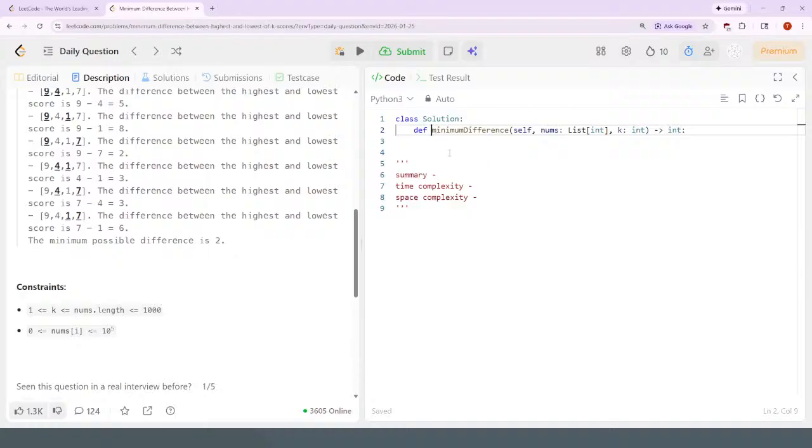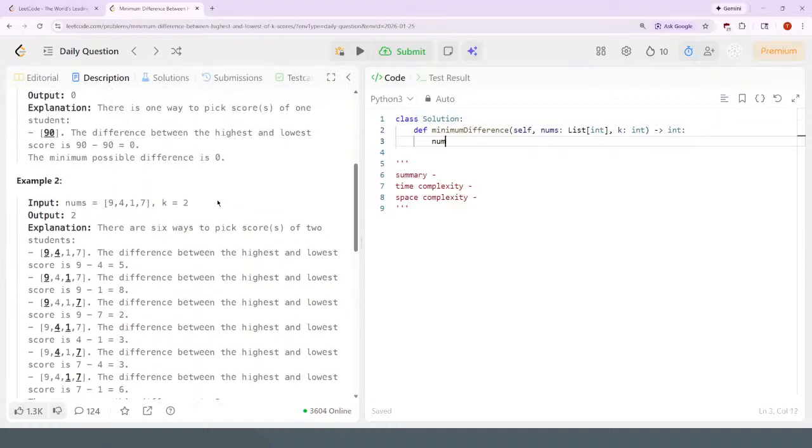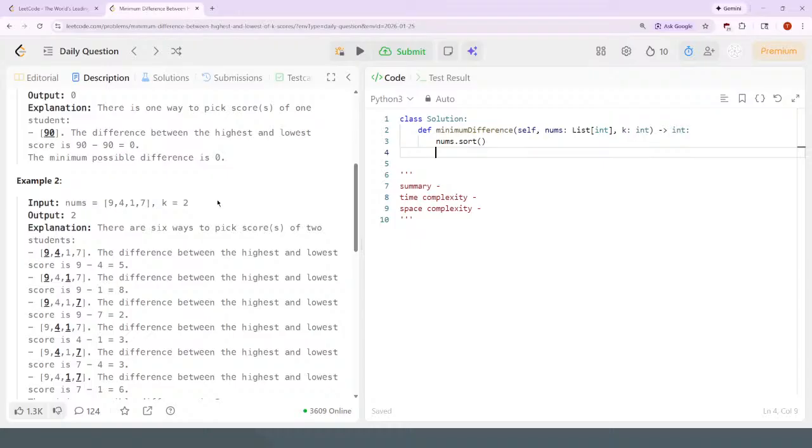So I think it starts with sorting. And then for k, at index i, it'd be index i plus k, or i plus k minus 1, one of those two, to find the ending score for the consecutive scores.